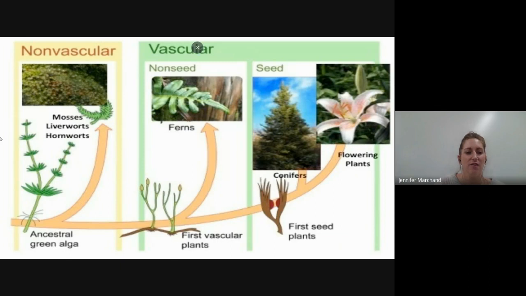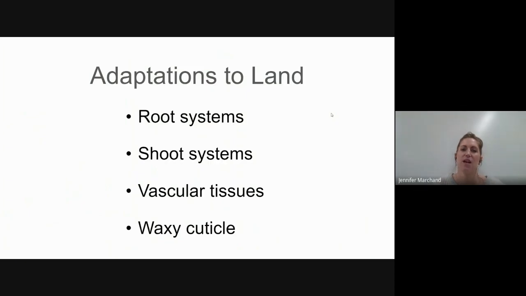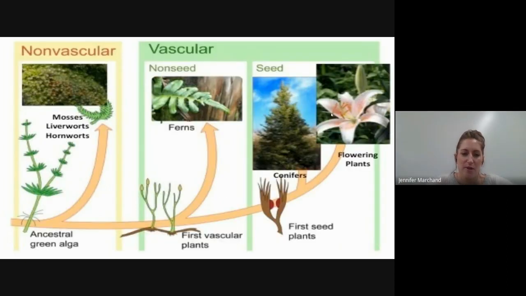So again, non-vascular plants, just so you can see it. You've got the ancestral green algae down here. Coming into these, the non-vascular plants come into mosses, liverworts and hornworts, and then on the vascular side, you've got ferns, conifers, which are pine trees, and different flowering plants. So let's go back to this for a second.